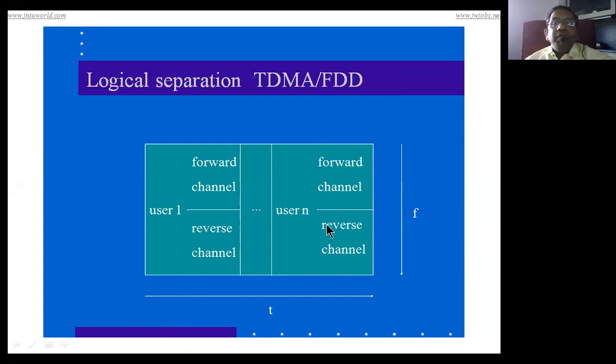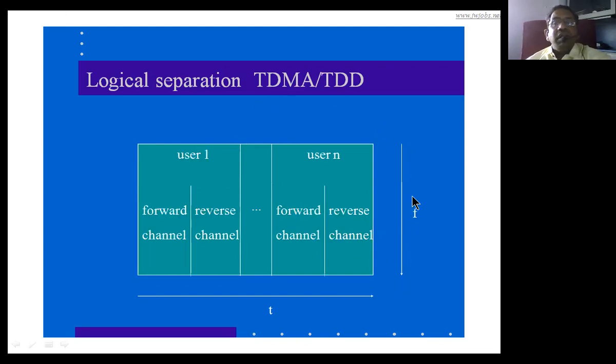Every user, this user one, is given two channels, two frequencies. For a single user, one frequency band is given, and in that FDD is implemented. That means every user in turn has two sub channels, a forward channel and a reverse channel. That is called the TDMA, FDD kind of technique. And another technique is going to be TDMA, TDD, where both sides are time division.